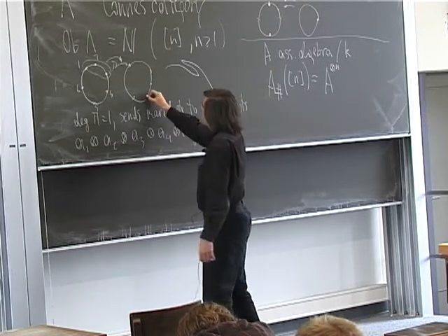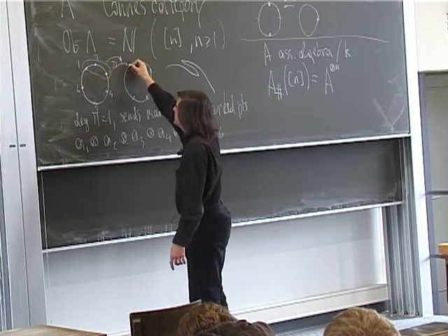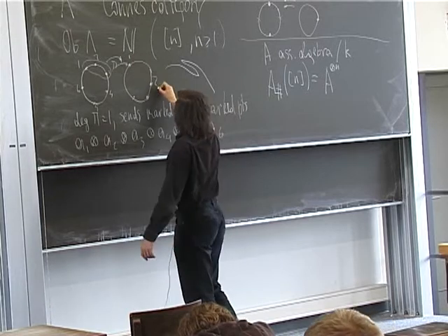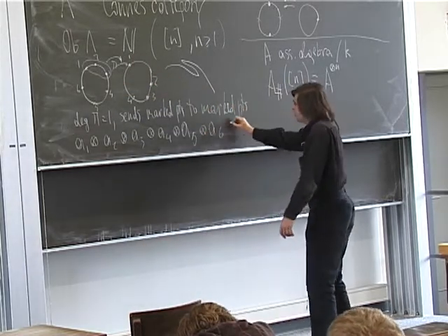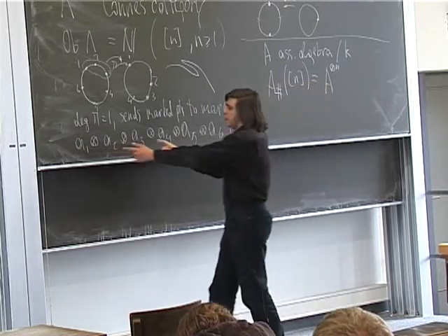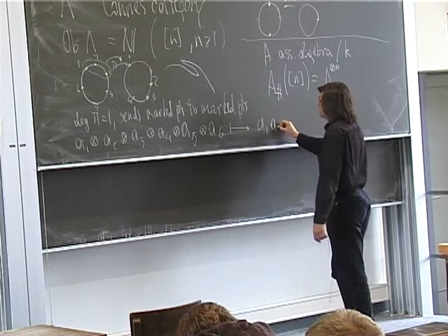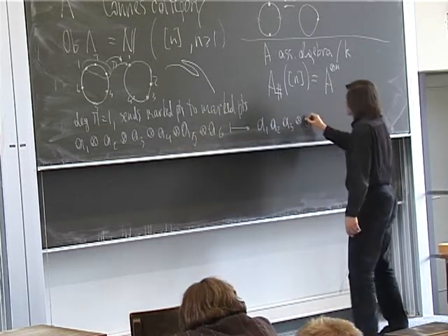And if we consider the map such that these 3 points go to this one, and the rest just goes, so this is 1, 2, 3, 4, and the rest is an isomorphism, then this goes to simply the multiplication of these 3 elements times the rest of them.